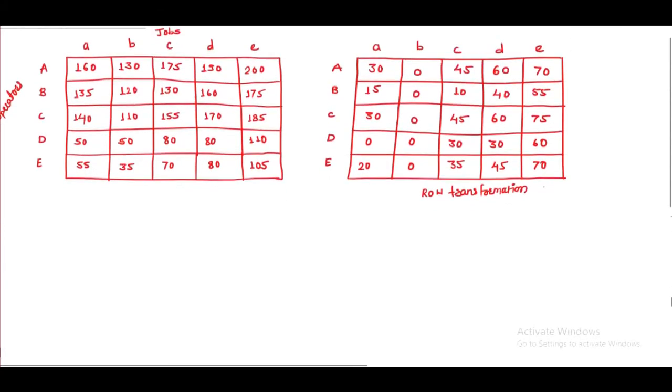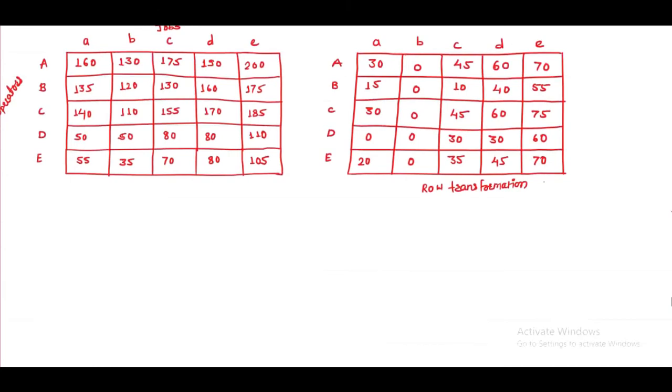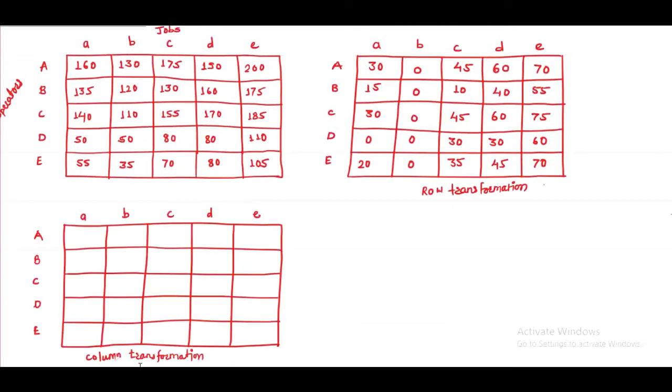So after the row transformation we have to use a column transformation. For the column transformation we have to select the smallest element in each column, then subtract that smallest element of the particular column from each element of the column. If we consider the first column from that row transformation matrix, the lowest element is 0.